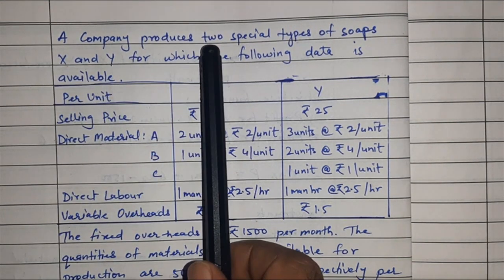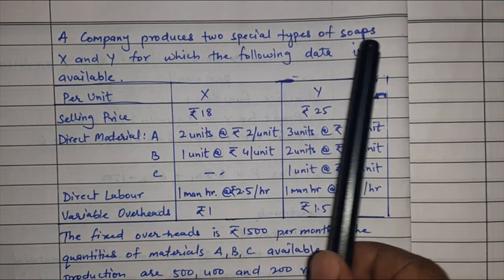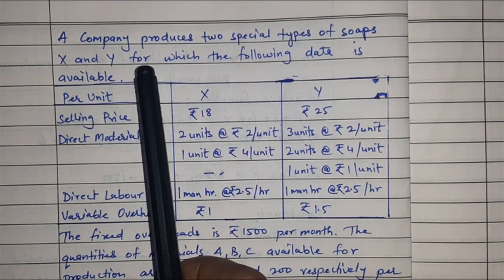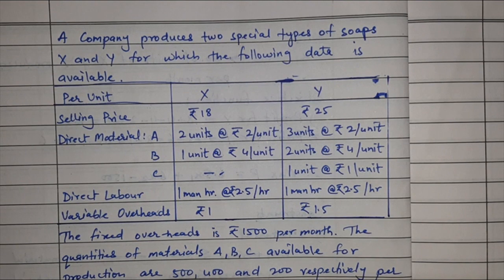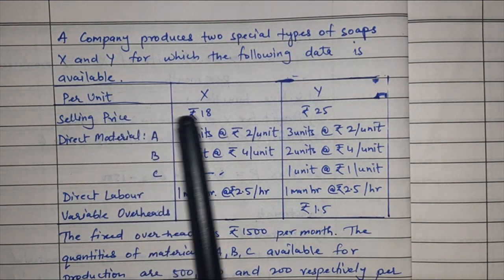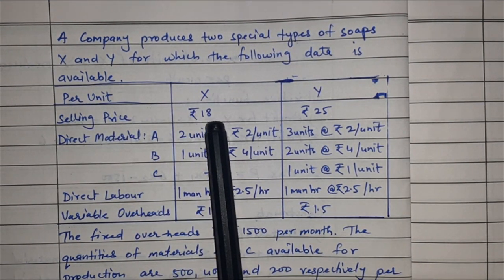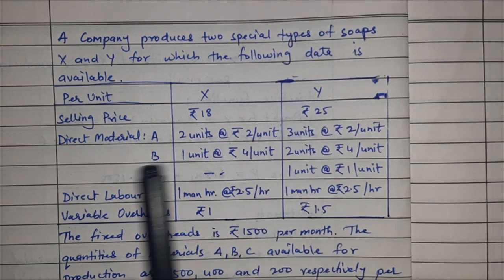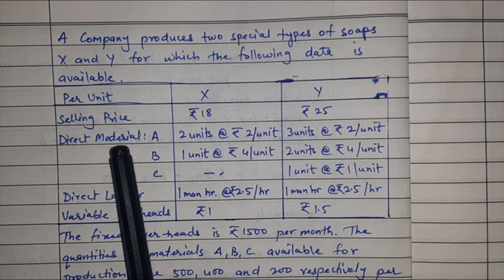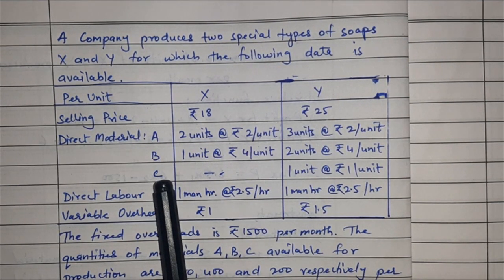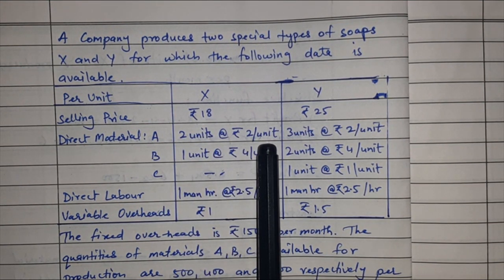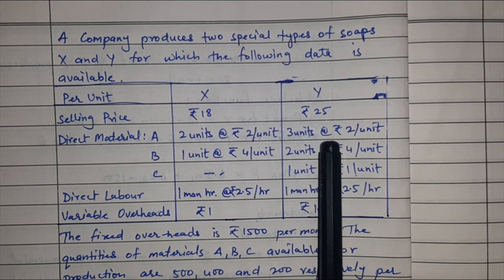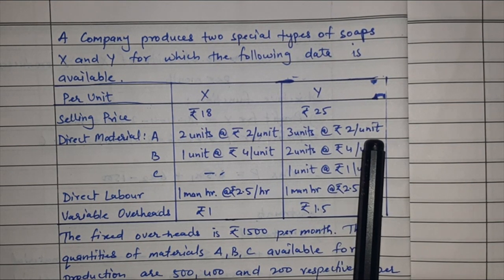A company produces two special types of soaps, X and Y, for which the following data is available. So we have per unit selling price. For X it is 18 rupees, for Y 25 rupees. Direct material, we have three materials A, B and C. For X, 2 units at rupees 2 per unit, and for Y, 3 units at rupees 2 per unit.